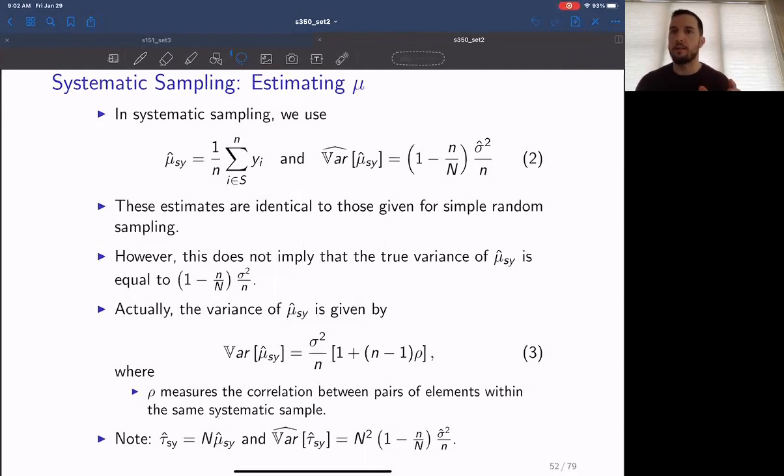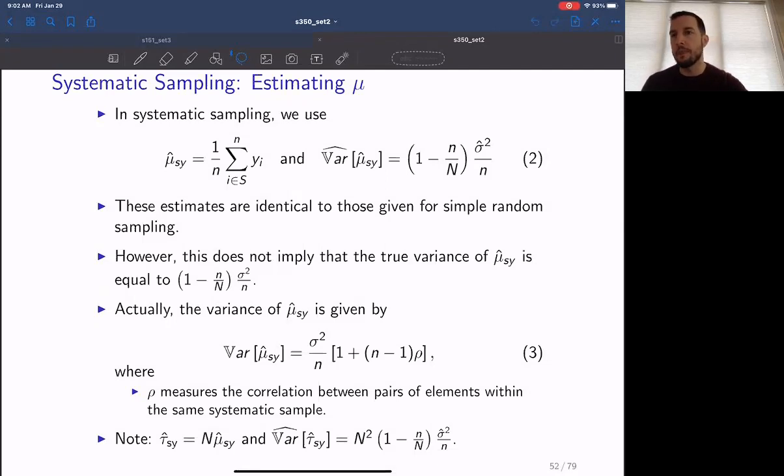What we began to discuss after that was how we can expect this estimate for the variance of mu to behave compared to the true variance of mu for an actual systematic sample. So the true variance for an estimate of the population mean when using systematic sampling is given in equation 3.